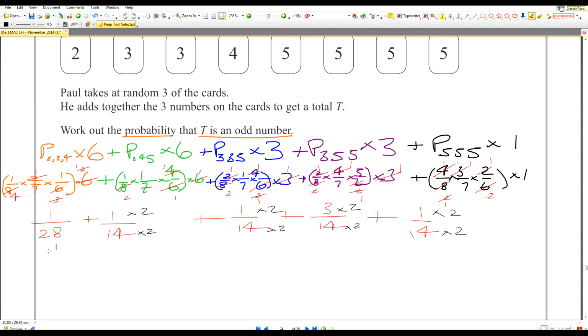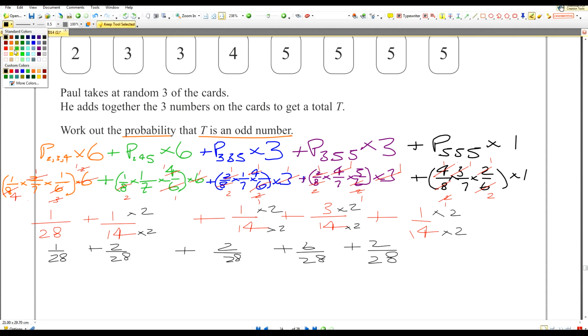So now we have 1 over 28 plus 2 over 28 plus 2 over 28 plus 6 over 28 plus 2 over 28. And that gives us a grand total of, let's have a nice different color. I think we need to go back to red.